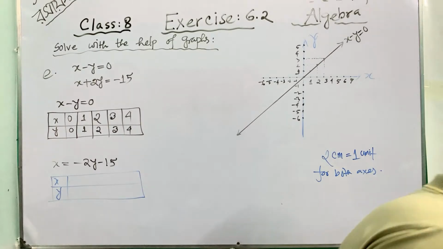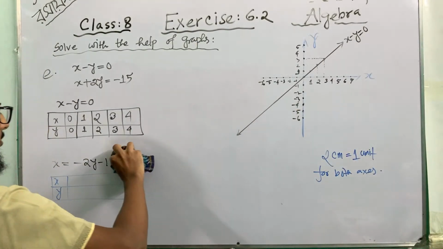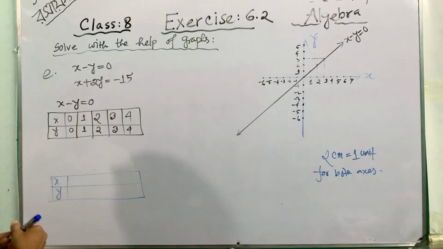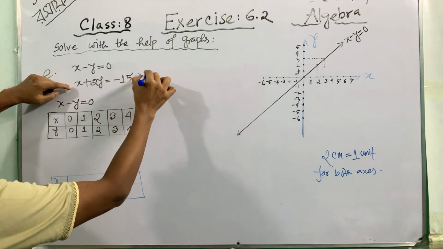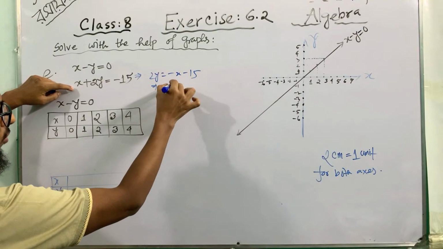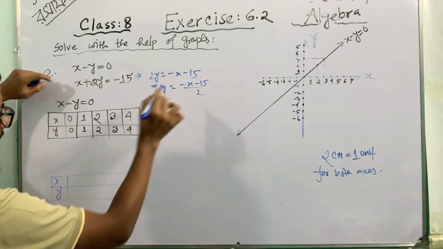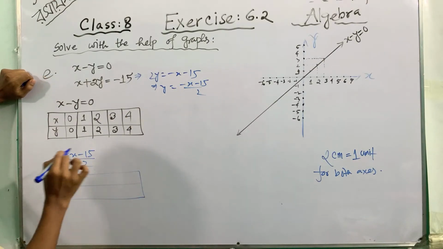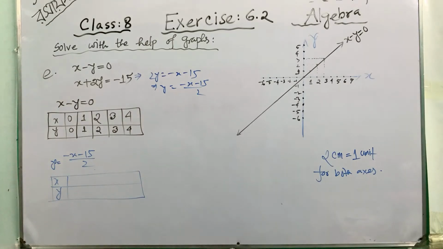Okay. So from here I can write 2y equal to minus x minus 15. So y equal to minus x minus 15 divided by 2, right? Do you understand what I'm doing?